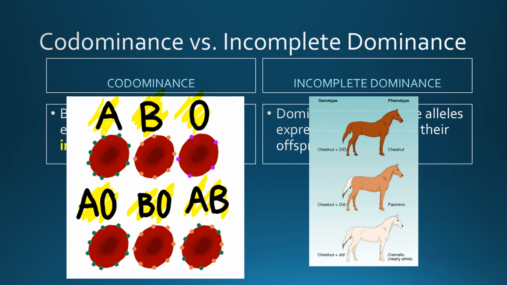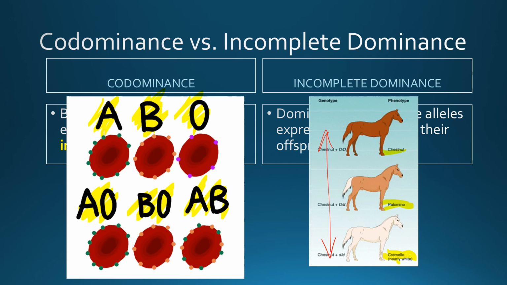Incomplete dominance means that I have a chestnut horse at the top who has dark brown coloring. I have a cremello horse that has white coloring. And when those two come together, I get a palomino horse, or some sort of intermediate or middle color between these two horses.